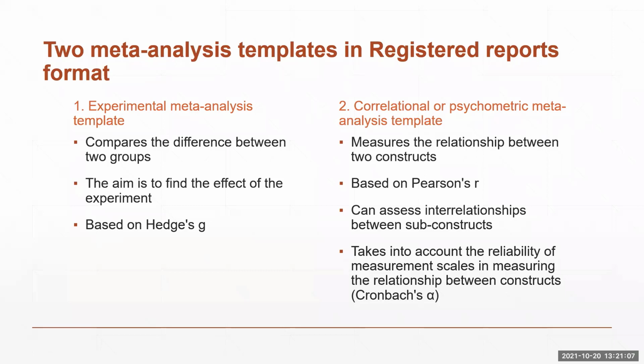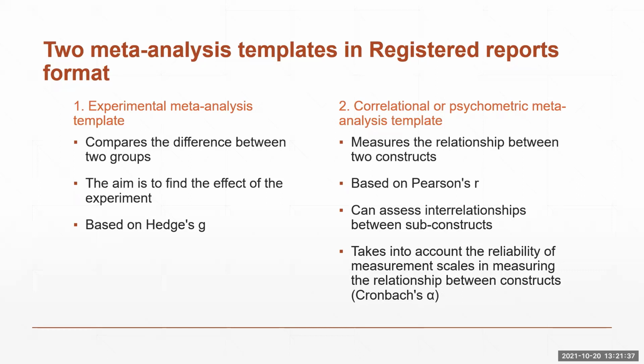For example, if you have a meta-analysis between personality traits and values, you want the overall correlation between both constructs, but you also want the correlations between neuroticism and tradition, or extraversion and altruism, or everything you want, but also between neuroticism and extraversion, and altruism and tradition, for example. So all the interrelationships.